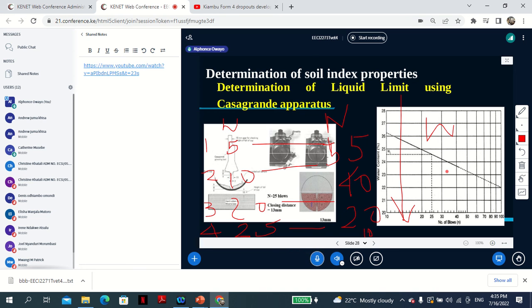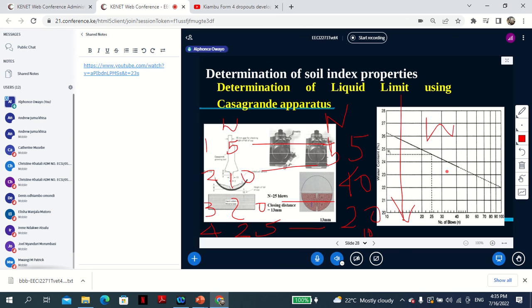But three, because the reason is you don't actually know what the plastic limit is. All you are sure of is that when you have passed, at four the number of blows is 25. When the number of blows is 25, that means you're already at the liquid limit. At least at the last one, you know we are past the liquid limit because the number of blows is past 20.